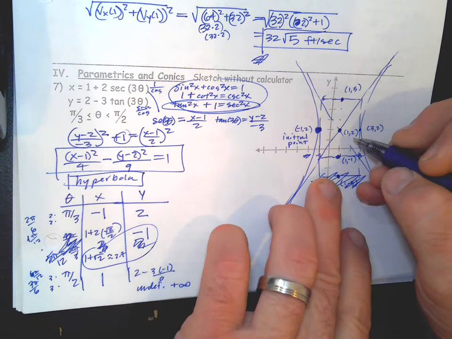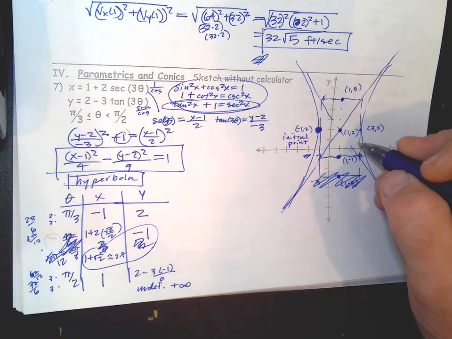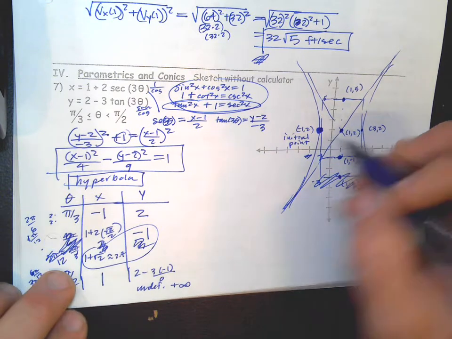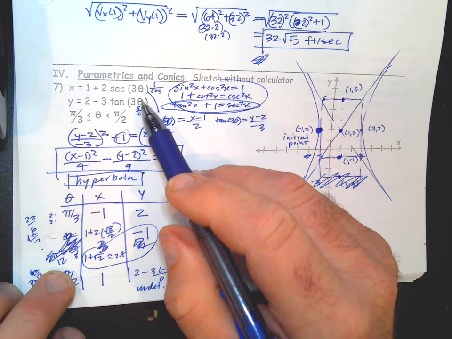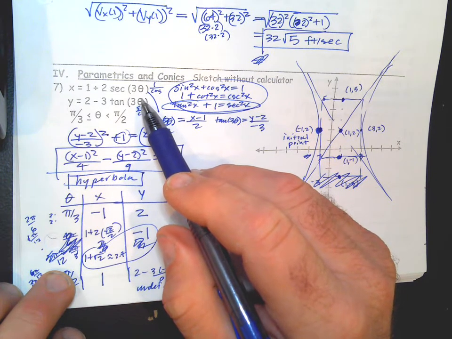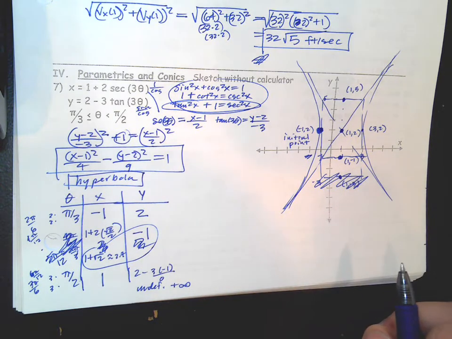2.7. 5 pi over 4. Okay. I don't know what I'm doing wrong here.